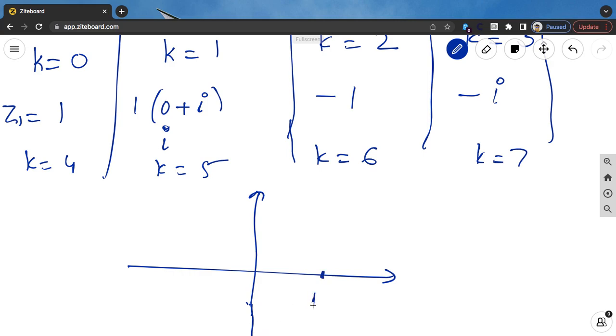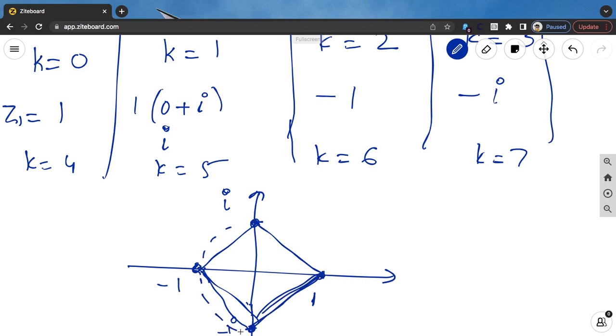It is at 1, then it is at I, then it is at minus 1, and then it is at minus I. And then it will repeat. So they are, by now you must have realized, on the vertices of a square inscribed in a unit circle. So again the roots are moving along a circle but on the vertices of a square.